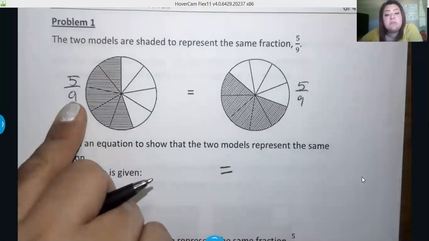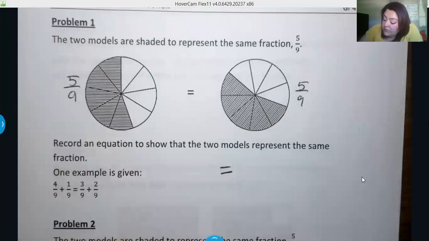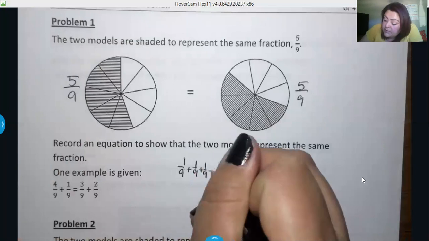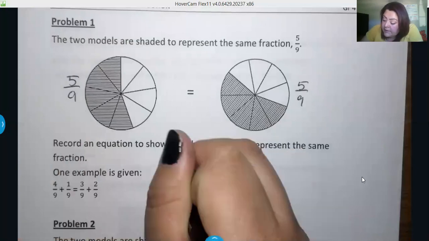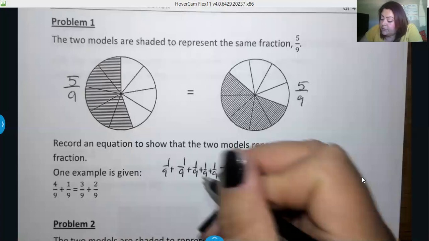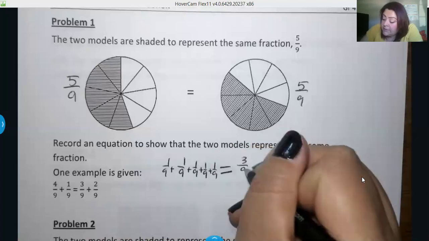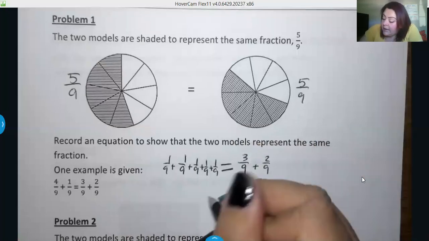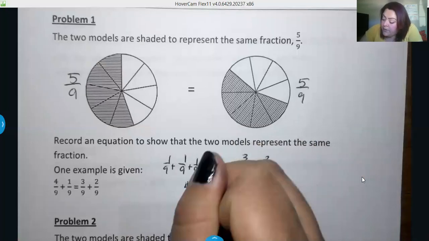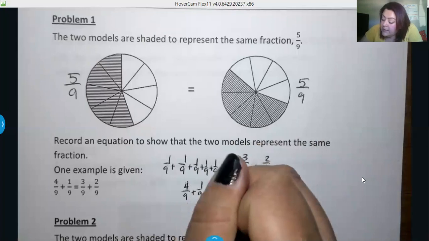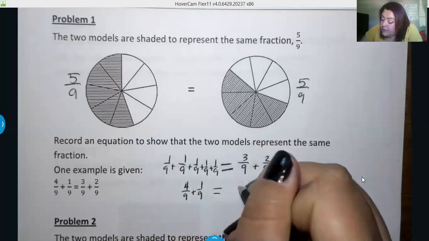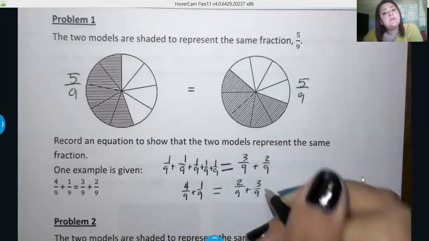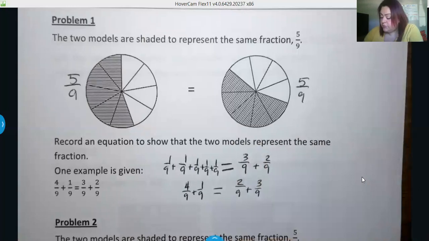We could sit here and do 1/9 plus 1/9 plus 1/9 plus 1/9 plus 1/9 equals 3/9 plus 2/9. This is just one example, okay? I could do 4/9 plus 1/9 equals, same thing, 2/9 plus 3/9. These are just some of the examples they want you to know how to do, okay?